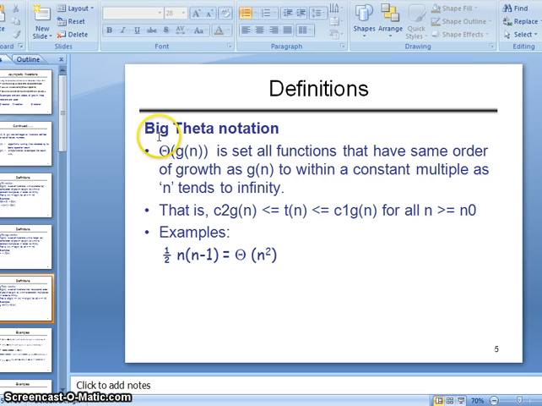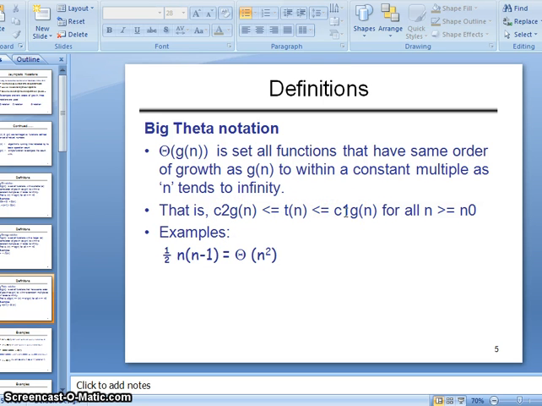Big theta notation is defined as: theta of G of n is the set of all functions that have the same order of growth as G of n, to within a constant multiple, as n tends to infinity. This represents that the function T of n is bounded above and below by constant multiples C1, C2 of G of n.